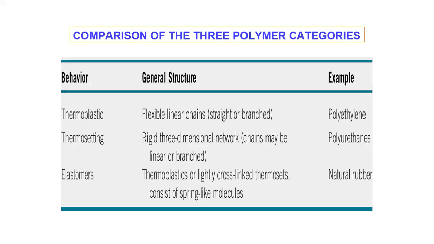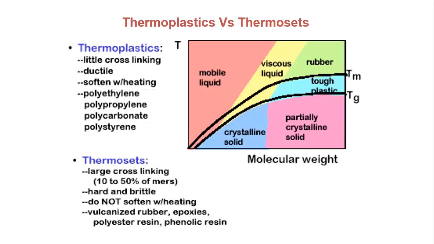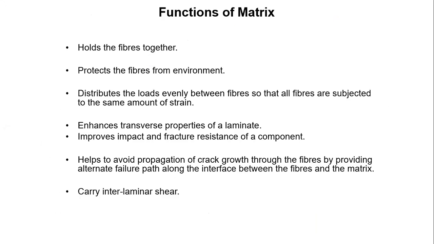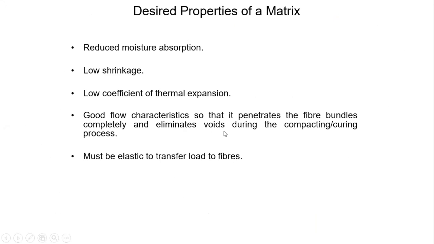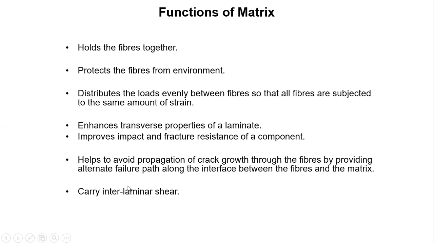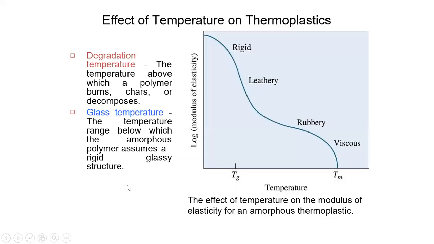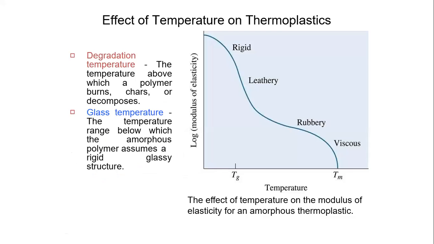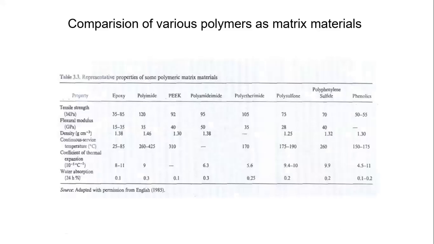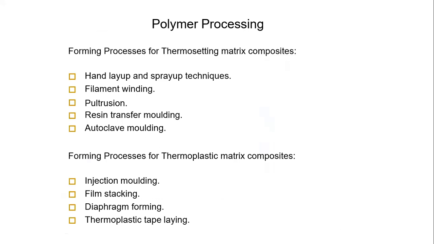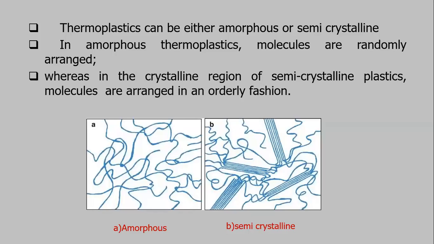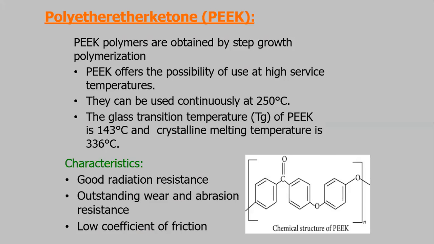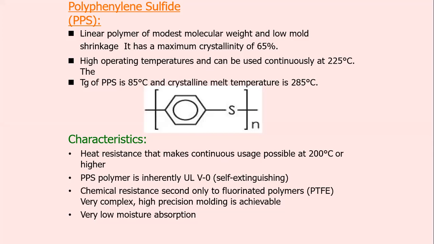We have seen about the comparison of three different polymer categories and difference between the thermoplastics and thermosettings and desired properties and functions of a matrix and different behaviors of these polymer matrices, that is stress strain behavior, effect of temperature, and etc.